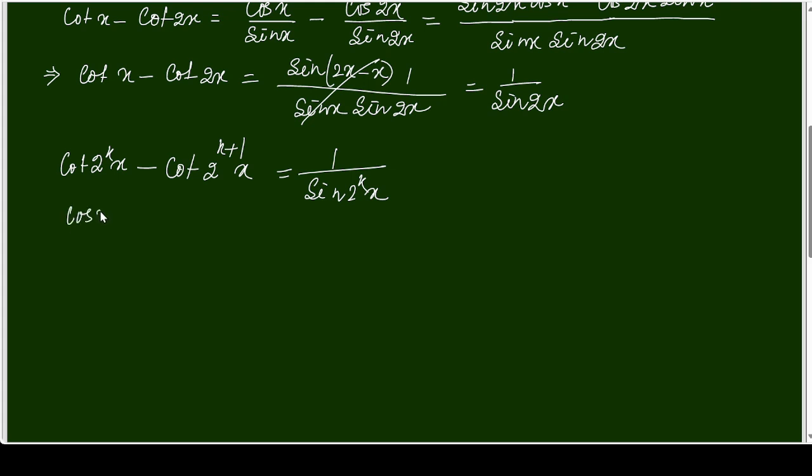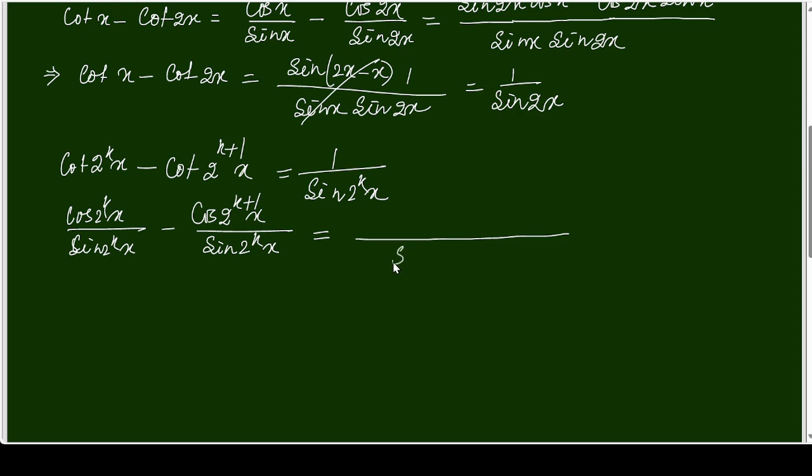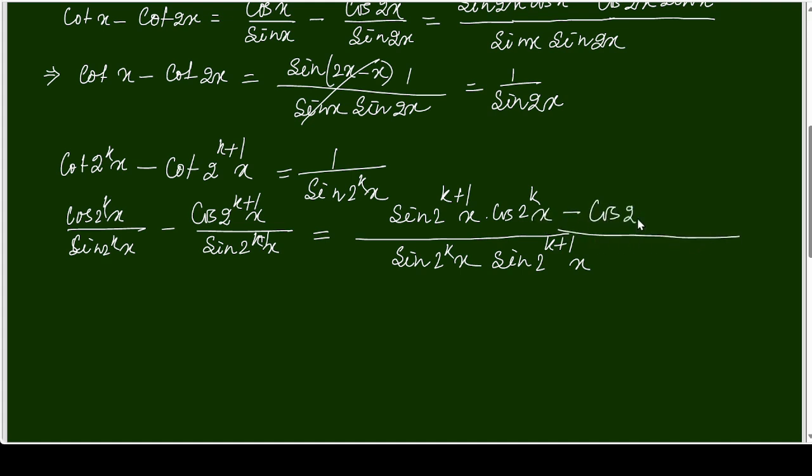So this will be cos 2 power kx over sine 2 power kx minus cos 2 power k plus 1 x over sine 2 power k plus 1 x. The LCM is sine 2 power kx into sine 2 power k plus 1 x. In the numerator it will be sine 2 power k plus 1 x into cos 2 power kx minus cos 2 power k plus 1 x into sine 2 power kx.